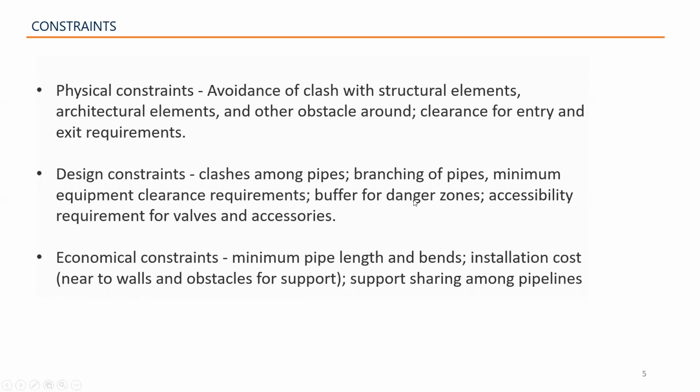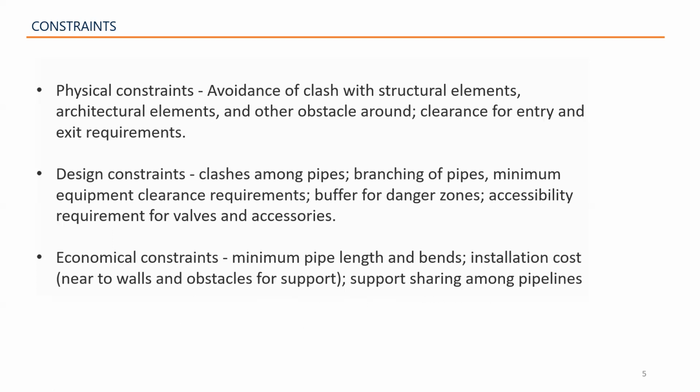Design constraints. This refers to the coordination between the pipes, the clash branching of pipes, minimal equipment clearance, buffer for the danger zones, accessibility for valves and accessories. Economic constraints.